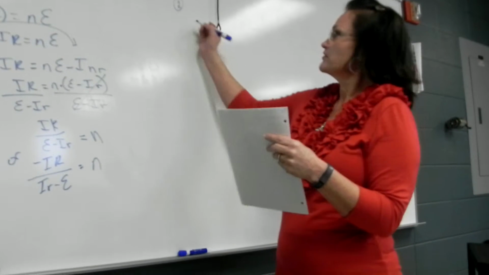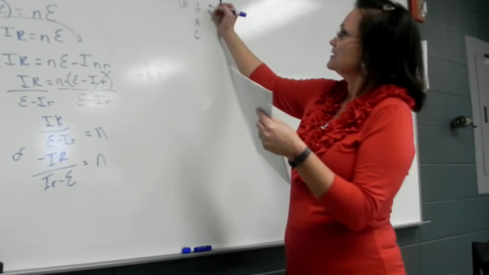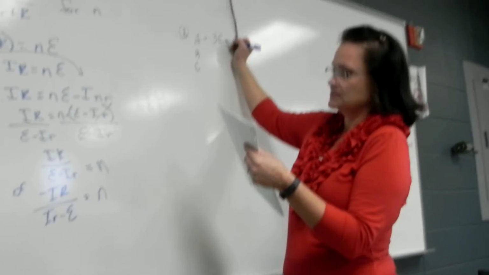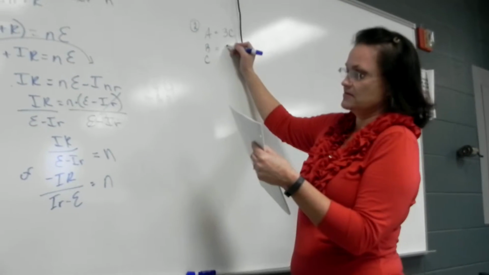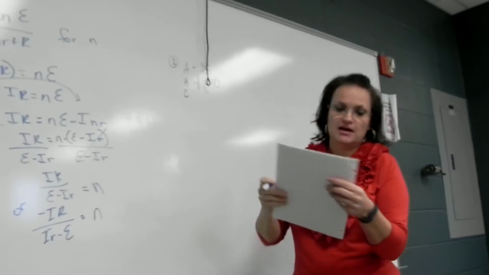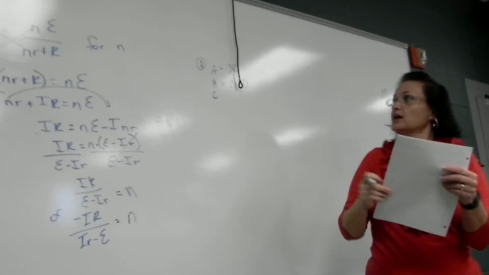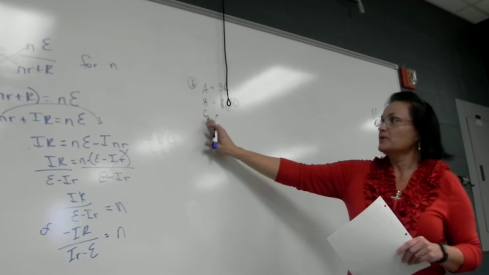All right, so what we know, we've got A, B, and C, and here are the clues. A is 3 times C. B is 30 less than C. So C minus 30. A is 3 times as large as C, and then we'll just call C, C. We'll refer to it as our basic unknown.